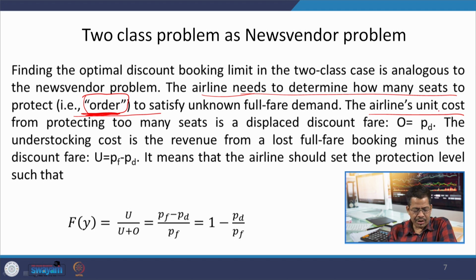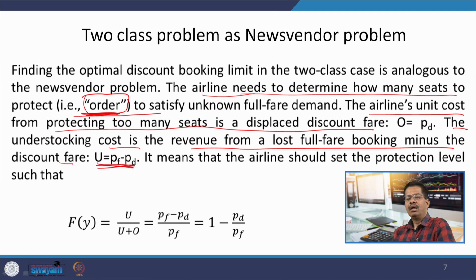The airline's unit cost from protecting too many seats is a displaced discount fare. The understocking cost is the revenue from a lost full fare booking minus the discount fare. So, this is the cost of understocking, that is PF, full fare, minus PD. We know that understocking means the profit which was possible to you, but you are deprived of the profits.